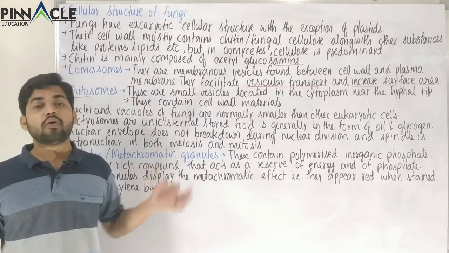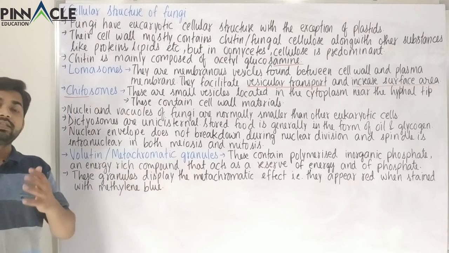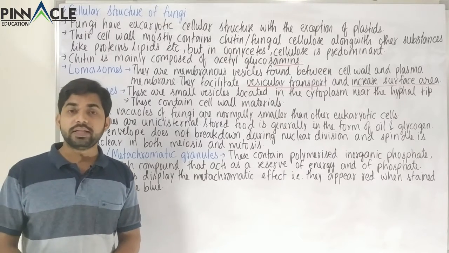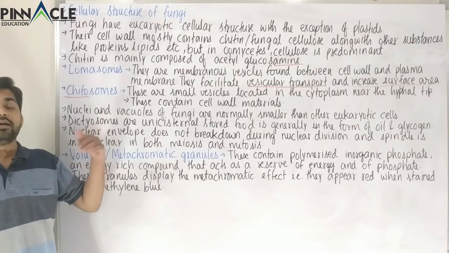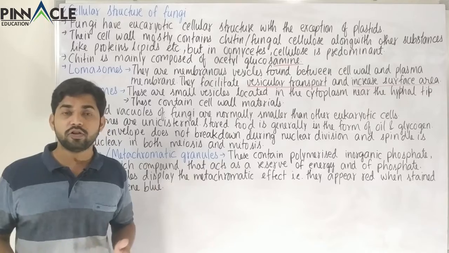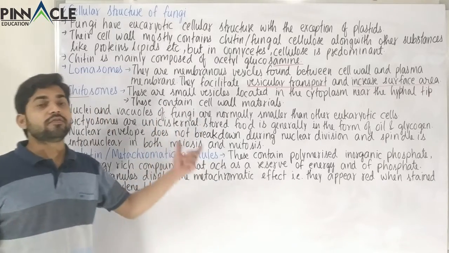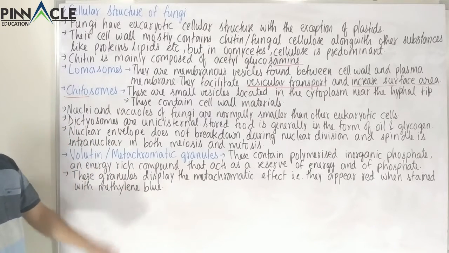Both are smaller as compared to a normal eukaryotic cell. For example, in an animal cell, a nucleus occupies a very prominent space, but here a nucleus is small. And in a plant cell, the vacuole occupies 40 to 90% of the volume of the cell, and here the vacuoles are smaller. So this is a very important point of difference between a eukaryotic cell and a typical fungi cell.